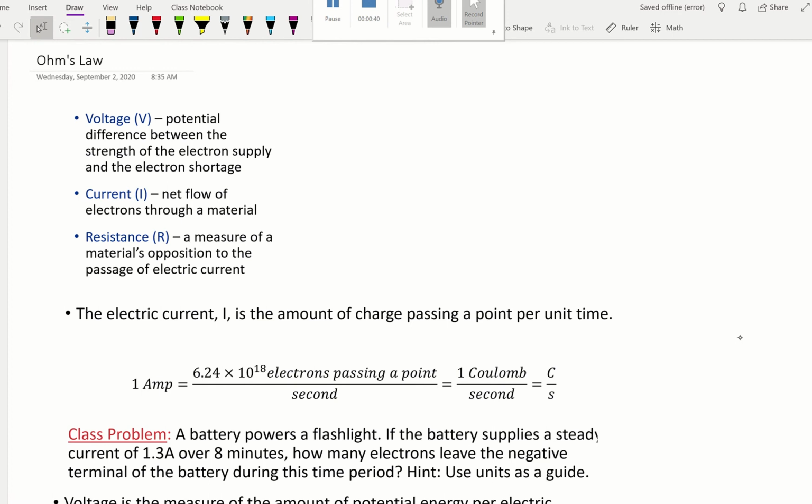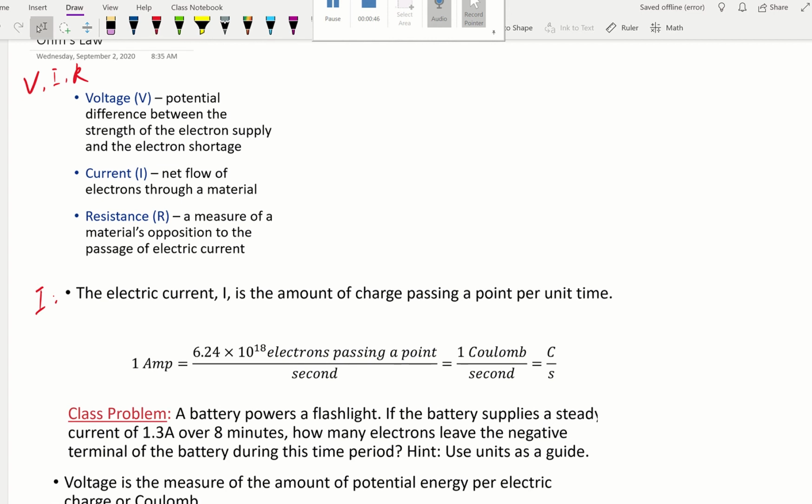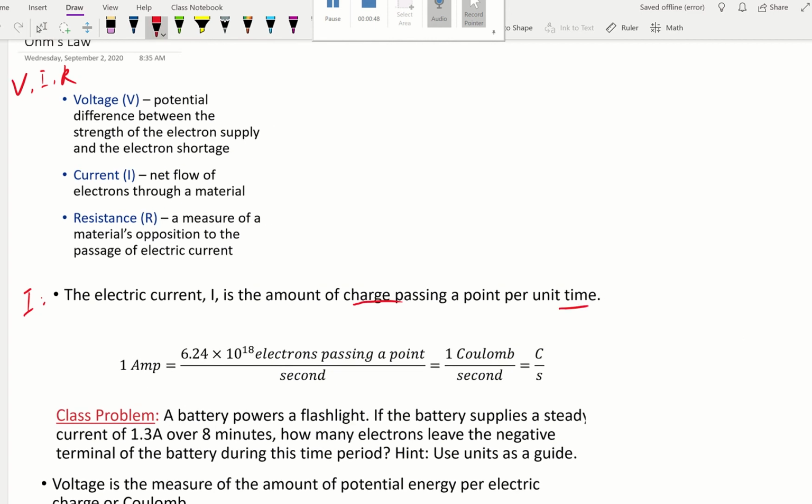So now let's first look at the current. The current, I, is how much charge flows through per time. So it's per second. The unit 1 amp means 1 coulomb of charge passing through per second. So 1 amp is 1 coulomb per second.